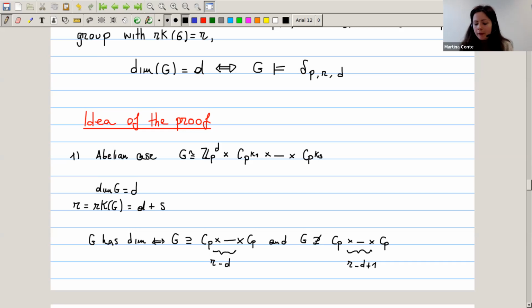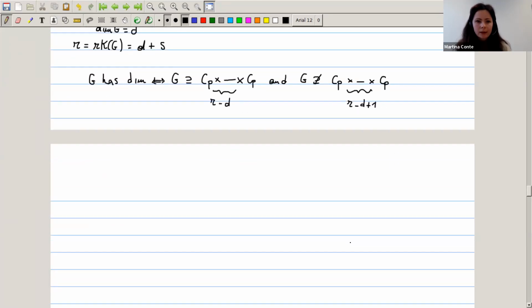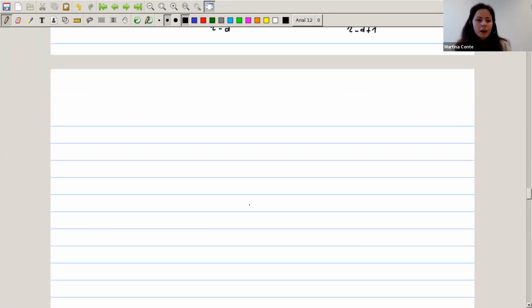And this can be expressed with a first order sentence, because we just need to say there exist p to the R minus D elements that satisfy the multiplication table of this first group, and there do not exist p to the R minus D plus 1 elements that satisfy the multiplication table of the second group. So this is easy. Let's now look at the general case.